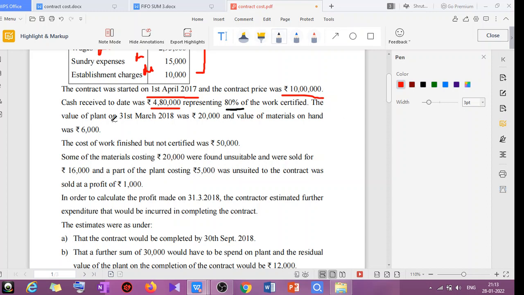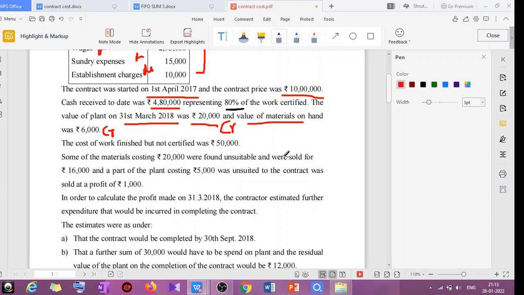Then the value of the plant on 31st March 2018 was 20,000. So at the end of the year plant remained. It means the plant at site, we have to write it under credit side of the contract account. Value of material on hand was rupees 6,000. So at the end of the contract, material at site is 6,000.